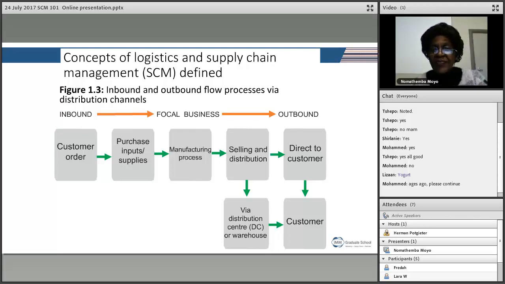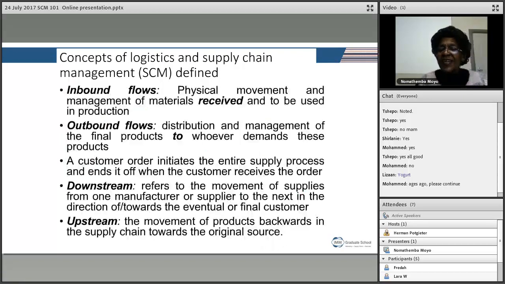Then manufacturing takes place in the focal business. Then there is selling and distribution. It can be via a distribution center or a warehouse, or it can be direct to a customer. If the manufacturer is selling direct to a customer, we say that's a direct channel. But if it's going through the wholesaler, the retailer, the distribution center, then we say that is an indirect channel.